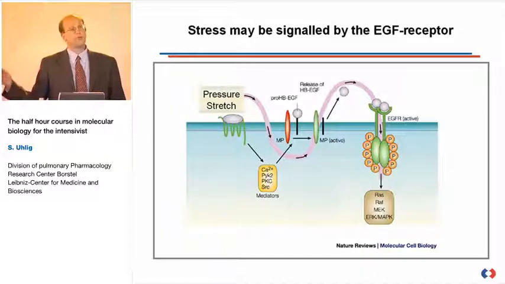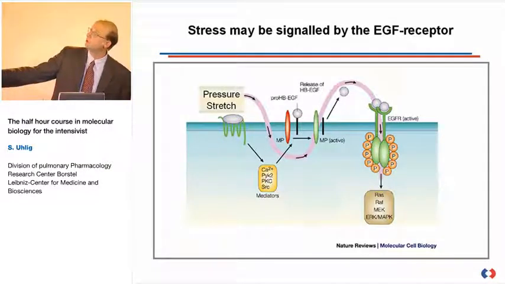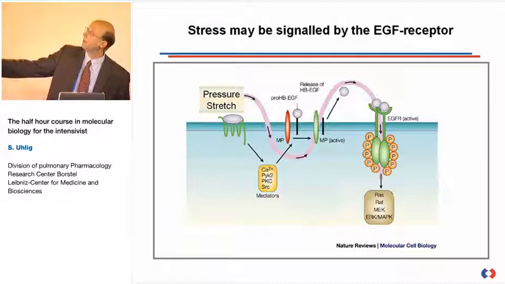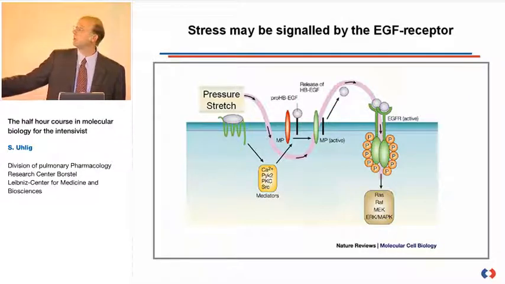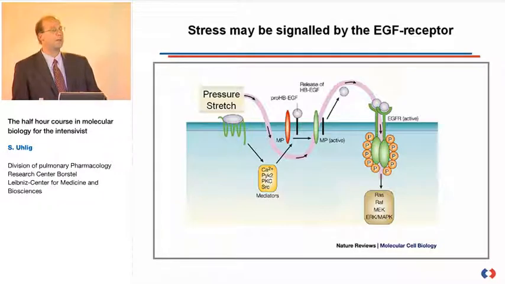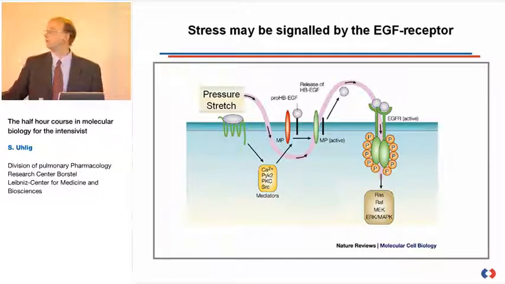Okay? So this is another example of the pathway that I showed you before, that pressure or stretch activate this pathway. So there is release of endogenous ligands for the receptor, and then the signaling starts, and then here you get to things that are also frightening to many people who are not very familiar with molecular biology. These are all these 3 letter abbreviations, right? So we have RAS, RAF, MEK, ERK, MAP, and so forth.